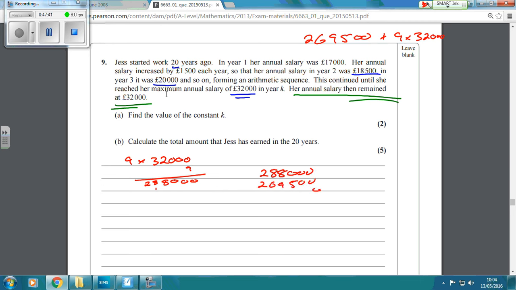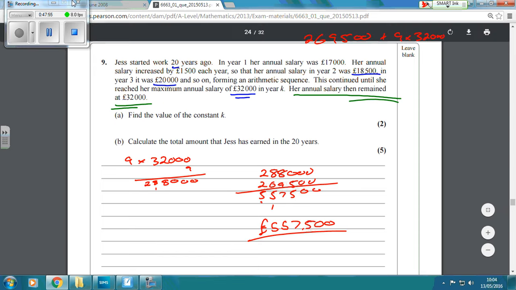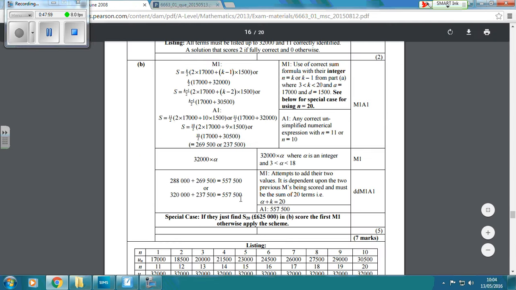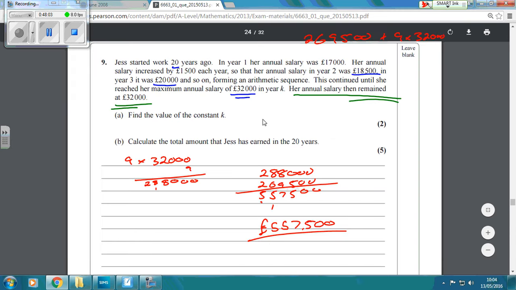If we add those together, carry the 1, 5, carry the 1, 5, so 557,500. And dear Lord, I hope that's correct. Yes, it is. 557,500. Of course, I was entirely confident of that. I was just making you guys feel better.